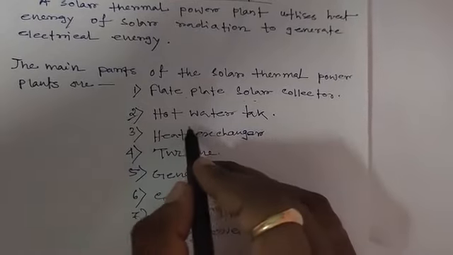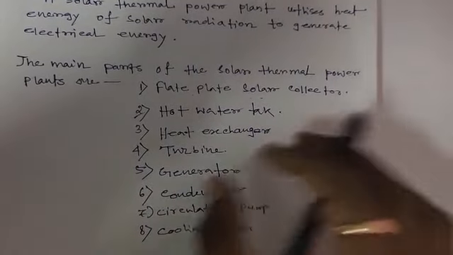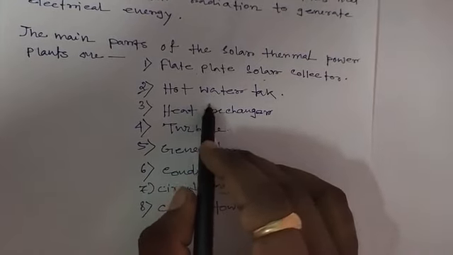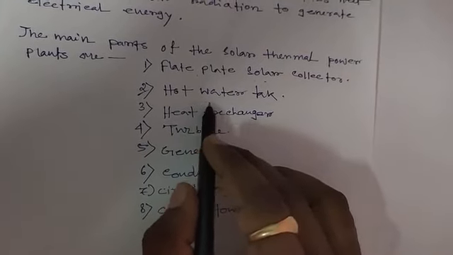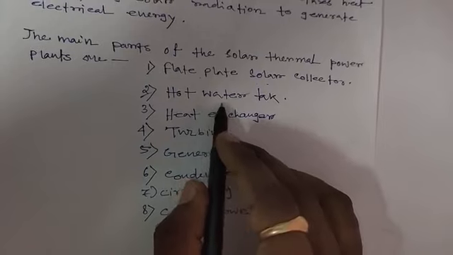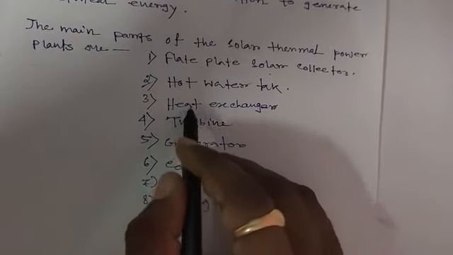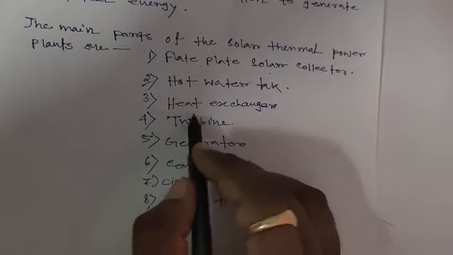So we use a hot water tank. This tank stores the hot water, which is heated by the flat plate solar collector. Then we use the heat exchanger.